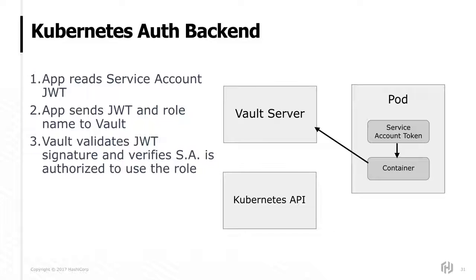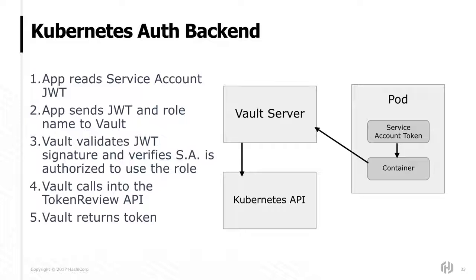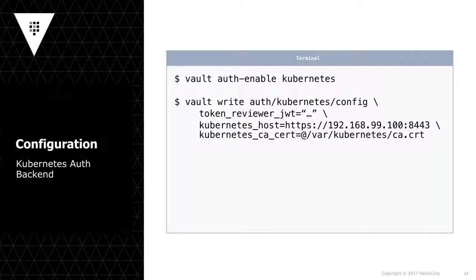Vault will validate the JWT is valid, and then verify that the service account defined by the JWT is authorized to use the role. So its name is valid, its namespace is valid, and it's exactly what we expect. Then Vault will call out to the Kubernetes token review API to validate the JWT is still valid and hasn't been revoked. If all that succeeds, Vault will return the token to the application. If that fails anywhere along the way, Vault will reject the authentication request.